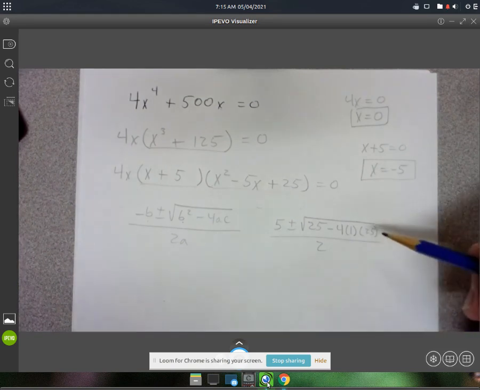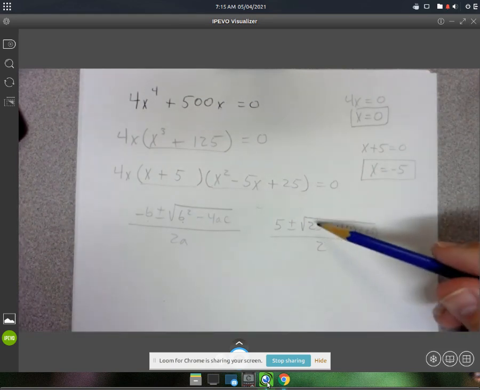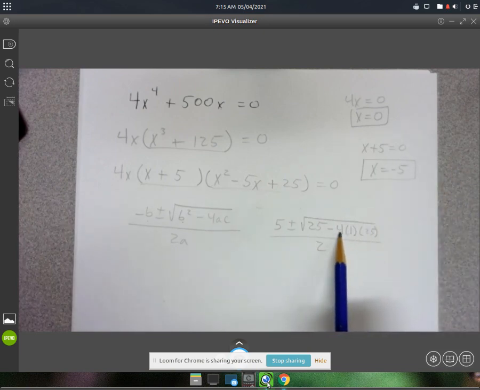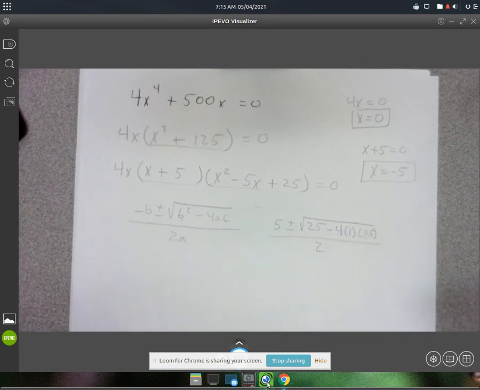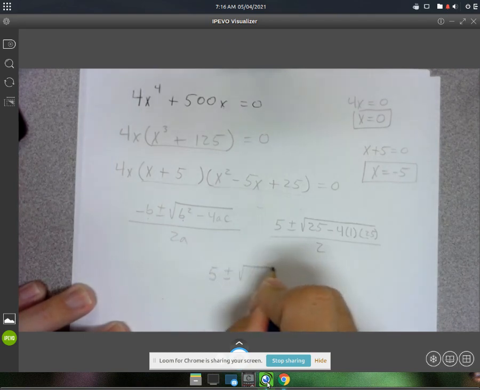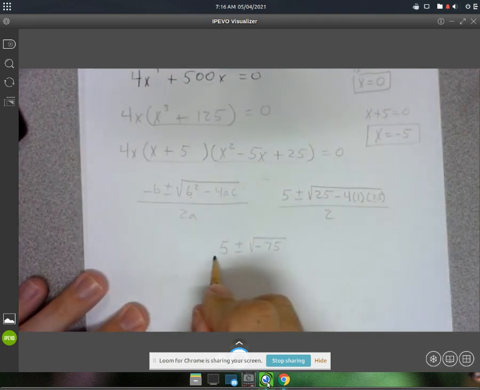Now let's simplify this a little bit. The stuff inside the square root, we have 4 times 25, that's 100. And then we have 25 minus 100. So that's going to be 5 plus or minus the square root of negative 75, all over 2.